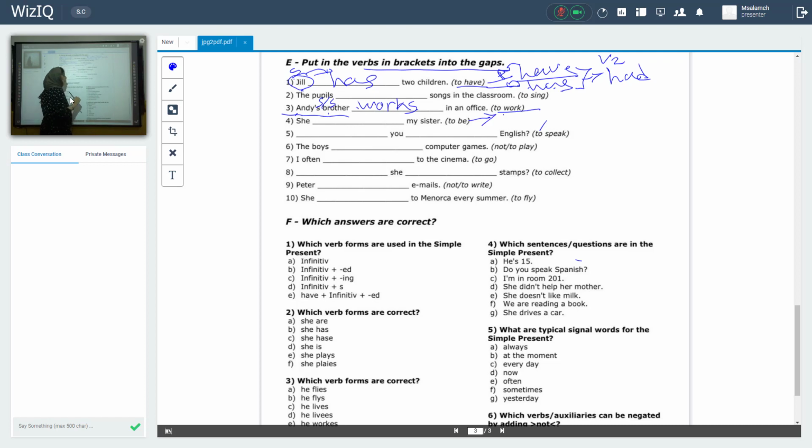What is the present form of be verbs? Is, am or are. That's related to what? To the subject. If the subject is singular, I will choose is. If the subject is I, I will choose what? Am. If the subject is plural, I will choose are. Here we have the subject singular, so is.